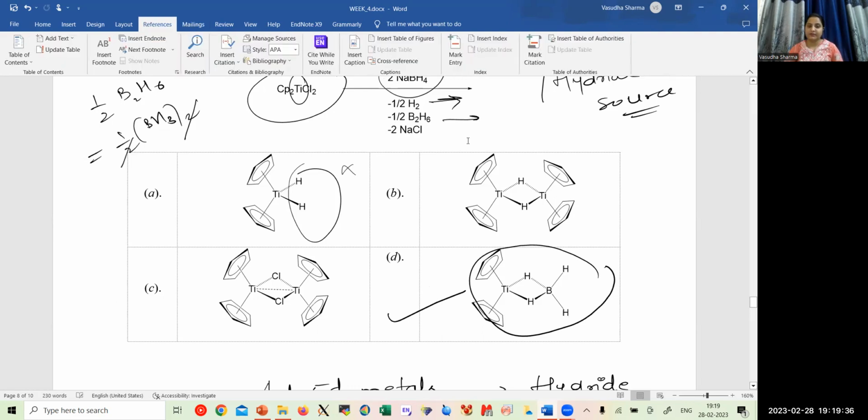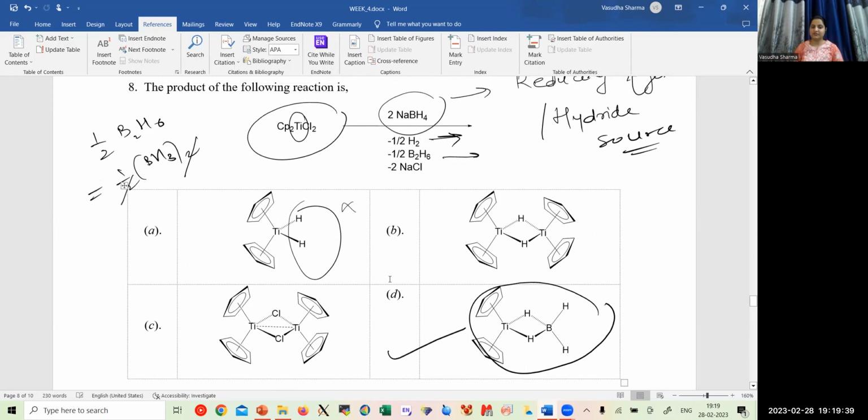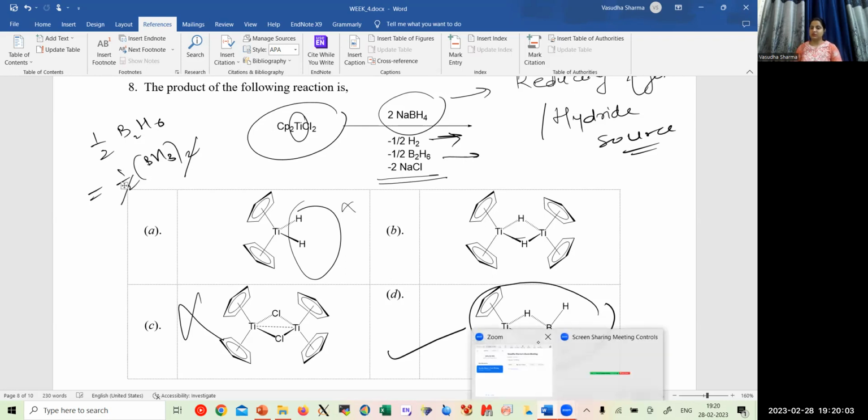In any other case, we can't have the Cl over here because sodium will definitely take it up. Already in the reaction scheme, it is shown that sodium has taken up the Cl. So we can't have any Cl. So the confusion is only between B and D, whether it will form this kind of species or that kind of species. H2 has been lost, and only the H will come from the BH4, which is coordinating in an eta2 fashion.